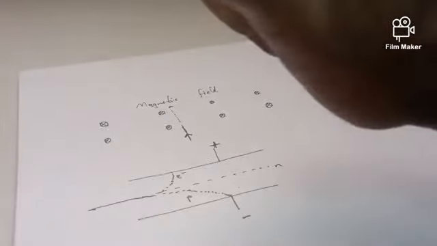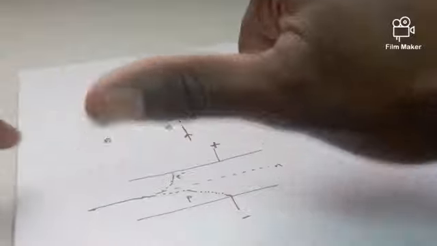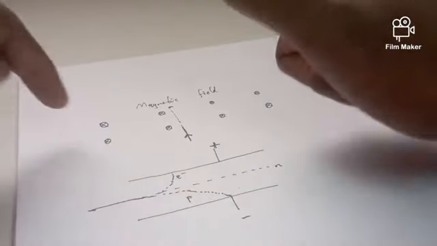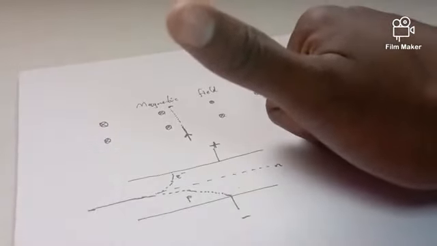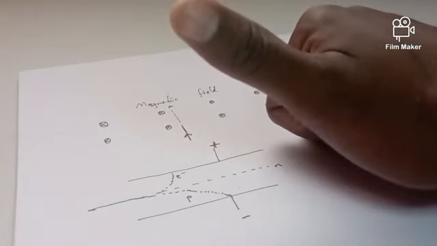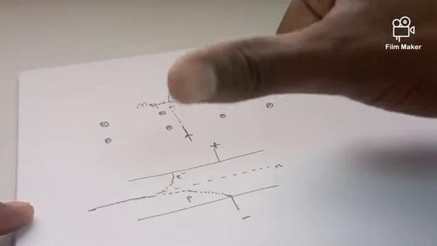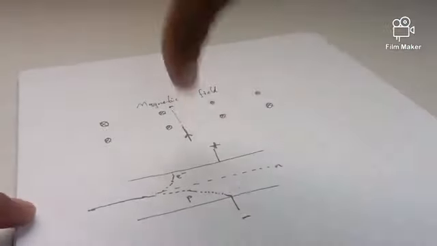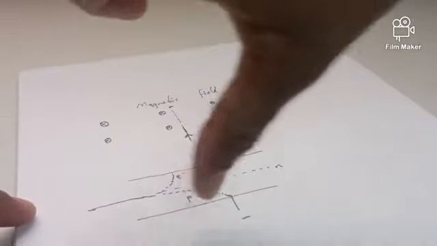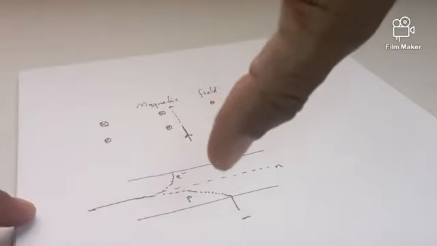Here it is. This is my right hand. I just form a fist like that with my thumb right out like that. The X's just tell us that the magnetic field is going into the paper. So my thumb is going to represent the magnetic field that is going into the paper, and the curling of my fingers will represent the direction of the positive charges.